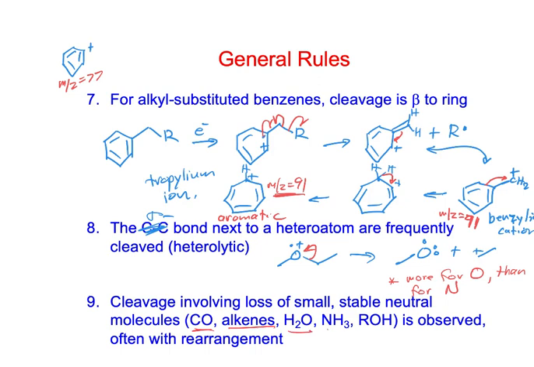Ammonia or an alcohol, sometimes we see losses of those. But each of these, since we're essentially losing molecules, we will generate an odd electron ion because it's a rearrangement. All right? Okay, so let's look at some spectra.